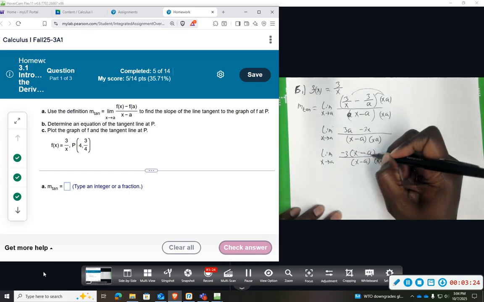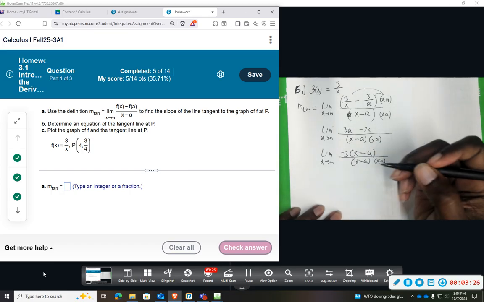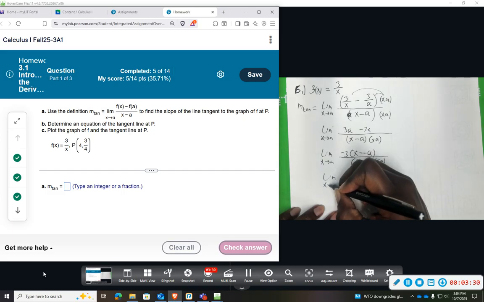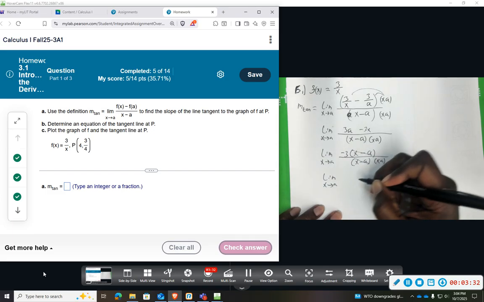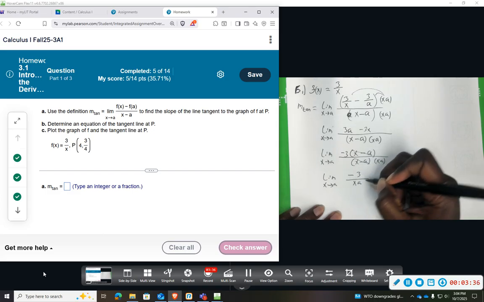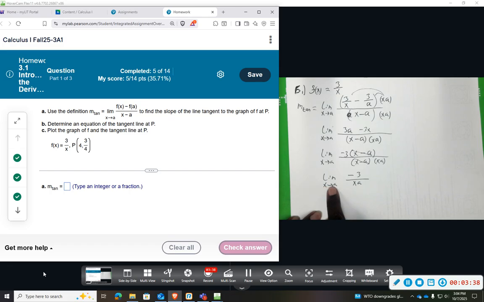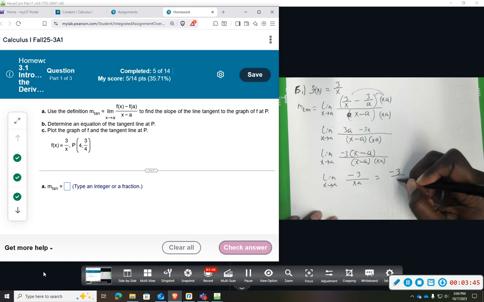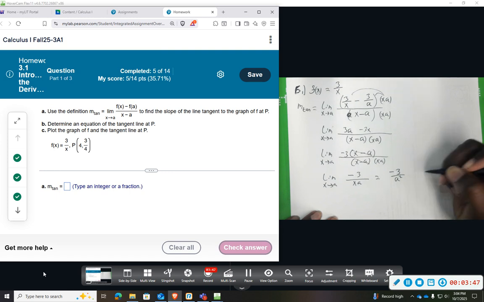So the x minus a will cancel out, leaving me with the limit as x goes to a of negative 3 divided by x times a. Now at this point, if we use direct substitution and plug in a for x, that will give us negative 3 over a squared.